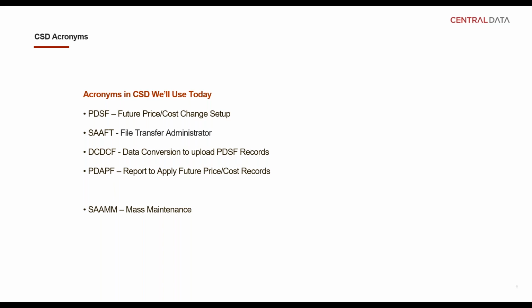The data conversion that we're going to be utilizing is called DCDCF. Instead of taking those one by one PDSF records, we're going to upload a handful in this demonstration. And then we're going to talk about PDAPF and how that is the thing that triggers or activates those future price records when the time is right.